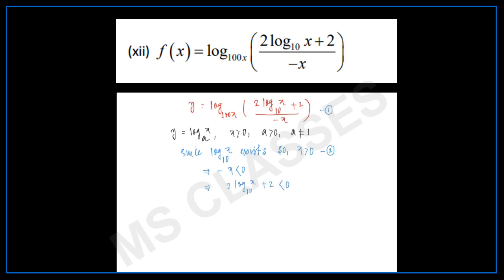Why? If the numerator is also negative, then the ratio will be positive. Now, we can write here log x base 10 less than minus 1.